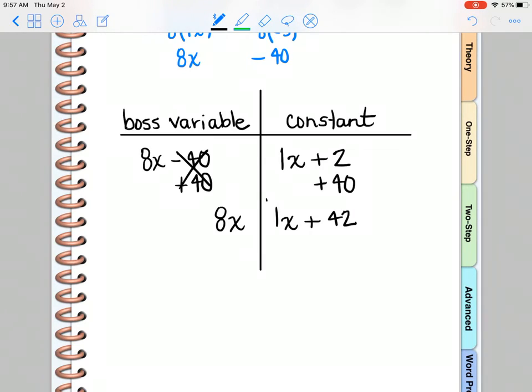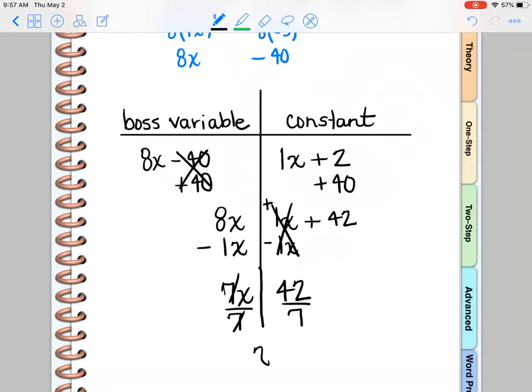And then I'm going to move this plus 1x over to the variable side of the problem. So we're left with 7x, 42. Divide your coefficient, and you're left with x equals 6.